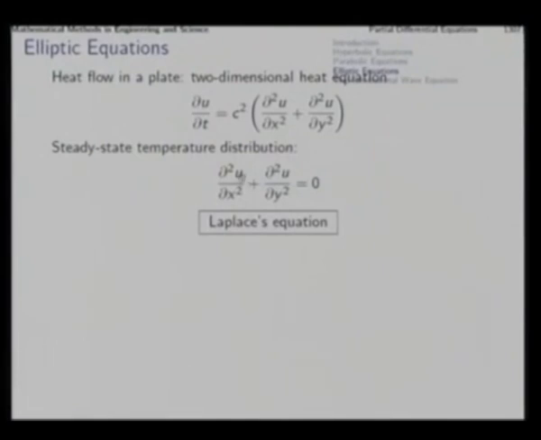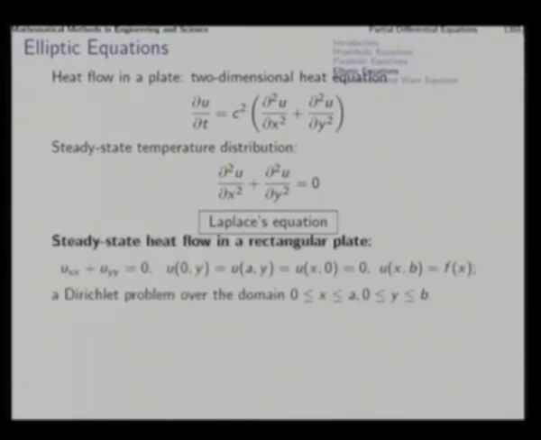Now, when we try to solve this Laplace equation, this elliptic equation, we apply the separation of variables method over the boundary value problem for a rectangular plate, to keep things simple. Now, in this rectangular plate, the four sides of the rectangle are x equal to 0, that is the left side, x equal to a, that is the right side, y equal to 0, that is the bottom, and y equal to b, that is the top.